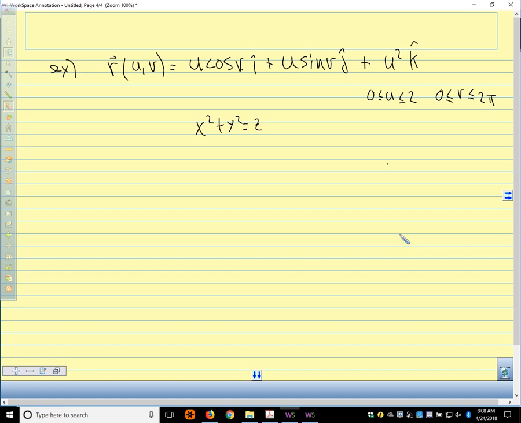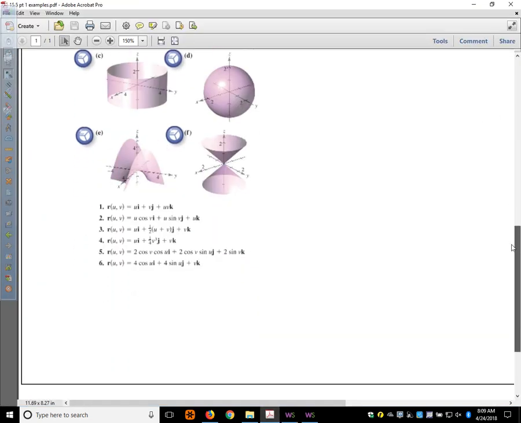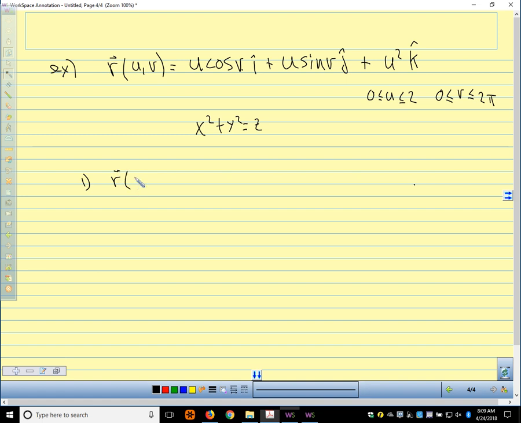Paraboloid. All right. So what I want to determine is how these other surfaces that I'm going to write differ from this one.